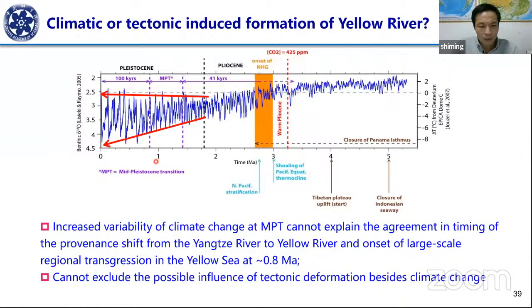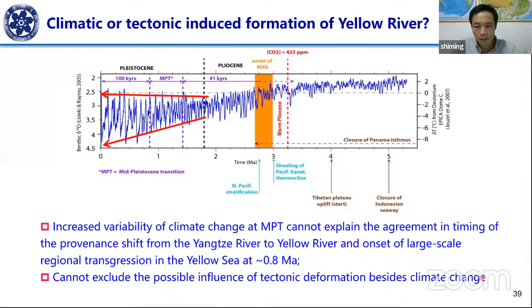However, we think this explanation cannot explain the very good agreement in timing between the provenance shift from the Yangtze River to the Yellow River and the onset of large-scale regional transgression in the Yellow Sea at the middle Pleistocene. So we think this cannot exclude the possible influence of tectonic deformation besides climate change.